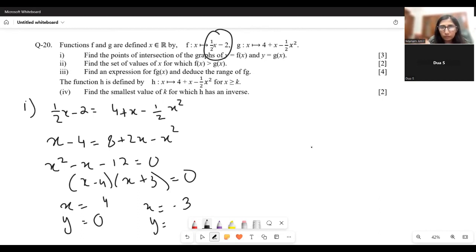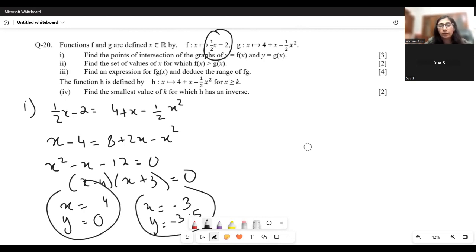And for the other one, it's minus 3 divided by 2 minus 2, which is minus 3.5. So these are the points of intersection of the two graphs, f(x) and g(x).